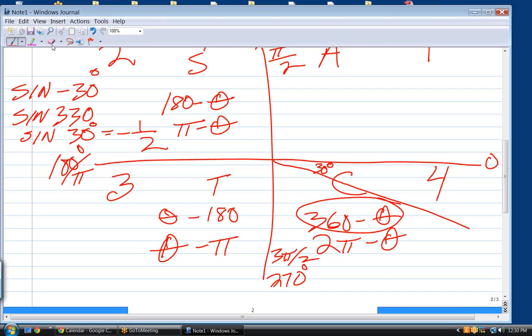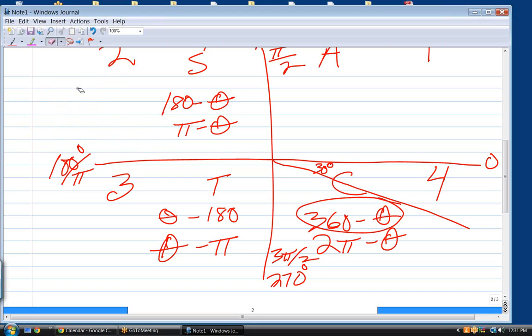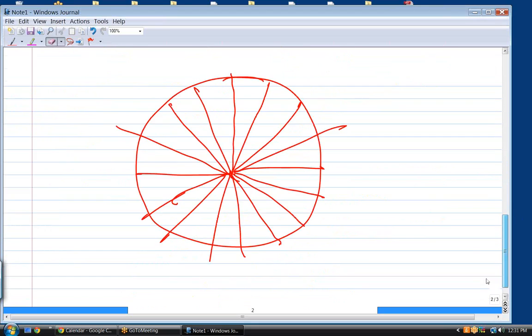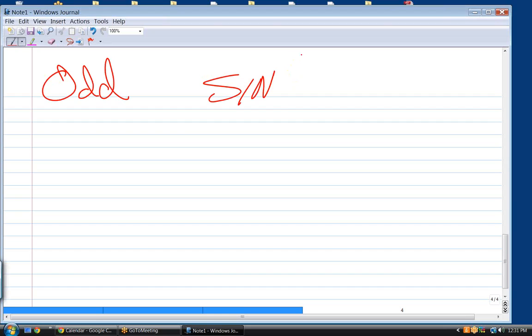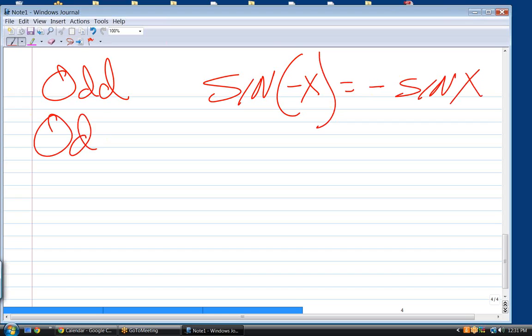Let me show you the easy way to do it. Remember odd and even functions? Sine is odd, meaning the sine of a minus angle is the same as minus the sine of the angle. So is tangent. Tangent is odd.